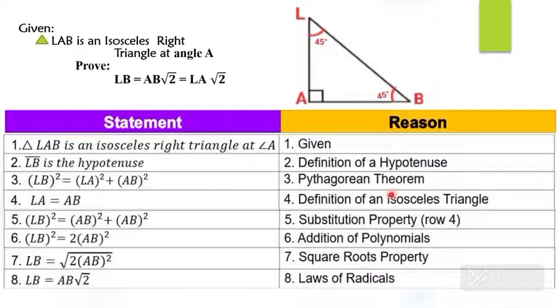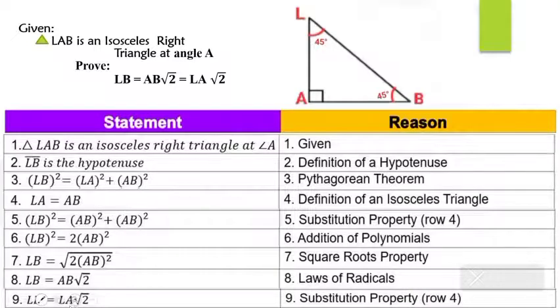Next, we have LB is equal to AB square root of 2. It is because the square root of AB squared simply cancels out the square and the square root, according to the law of radicals. Now we know that LB is equal to AB square root of 2.